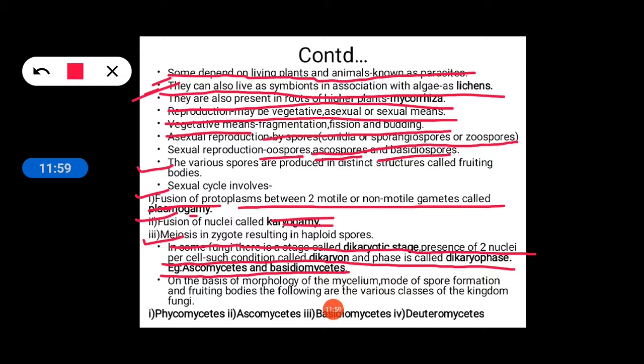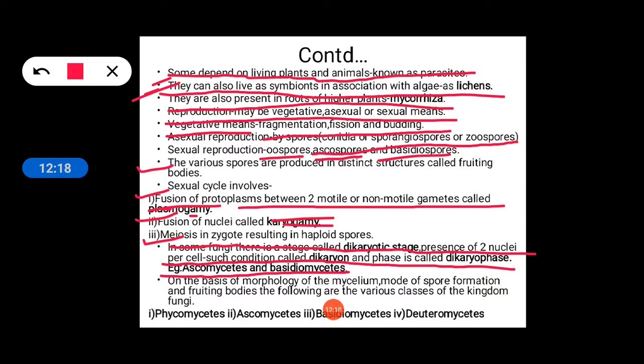Next, on the basis of the morphology of the mycelium, mode of spore formation and fruiting bodies, the following are the various classes of the kingdom Fungi.